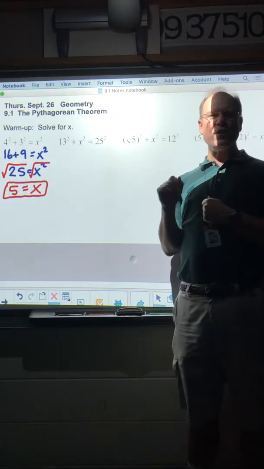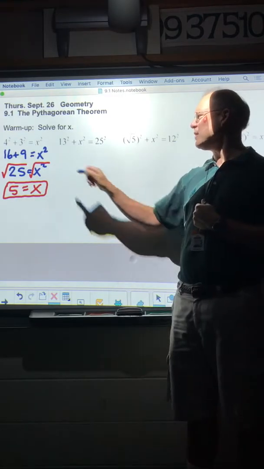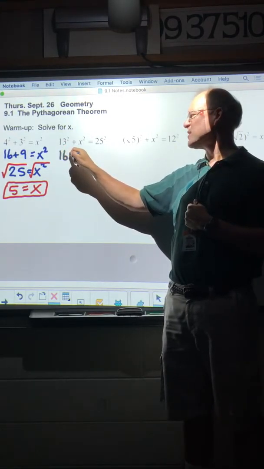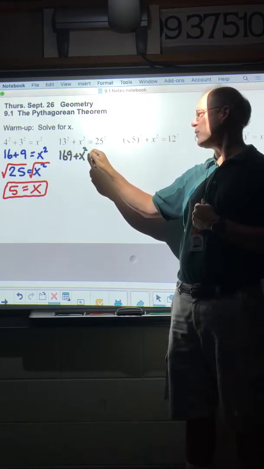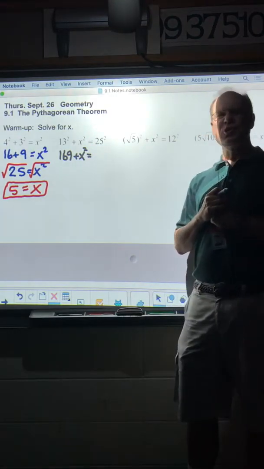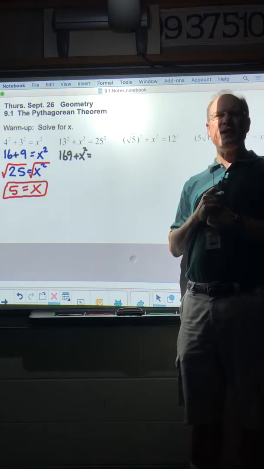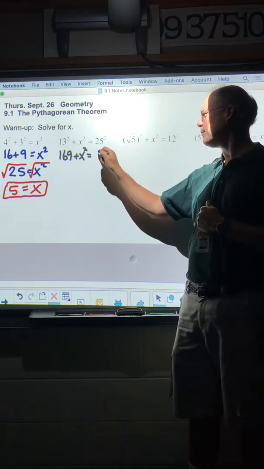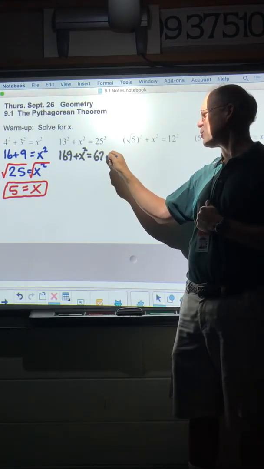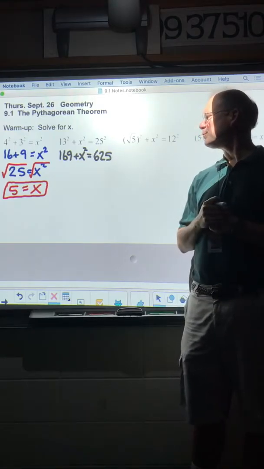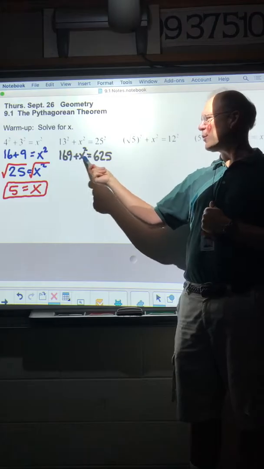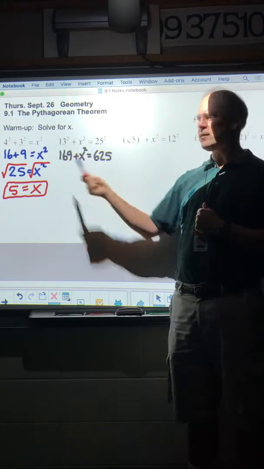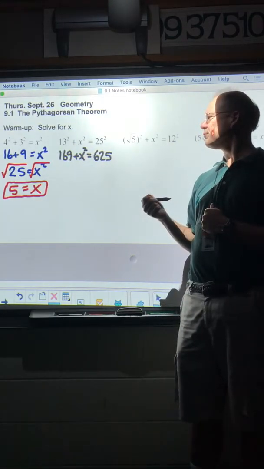So 13 squared, 13 times 13, 169, plus x squared equals 25 squared, 25 times 25, is 625. Okay, so here we have a number and we have x squared together on the left side of the equation.